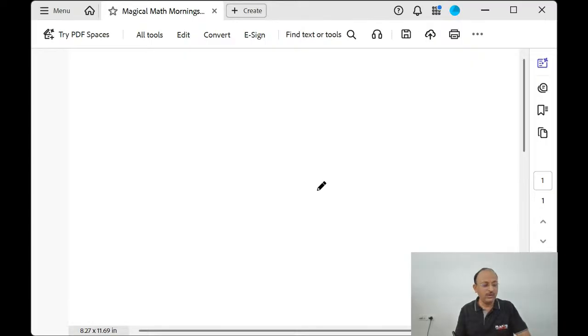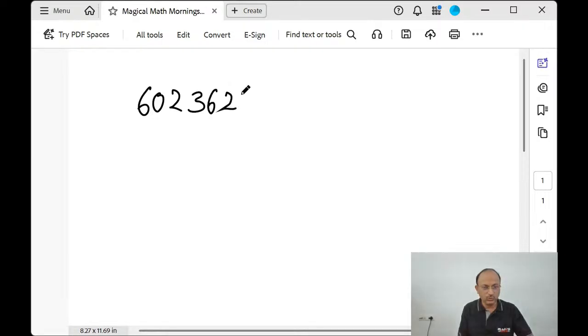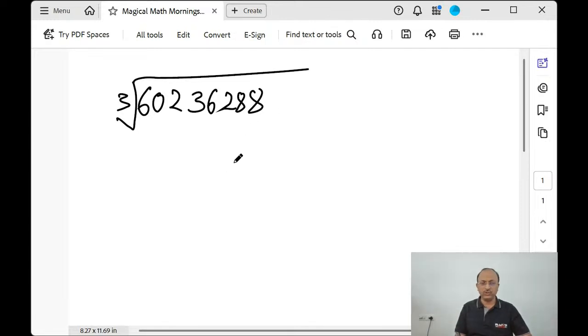I'll give you one more bigger number, maybe 602362888. Okay. This number's cube root we want to find out. So I will tell you how we should do it in the competitive exams.